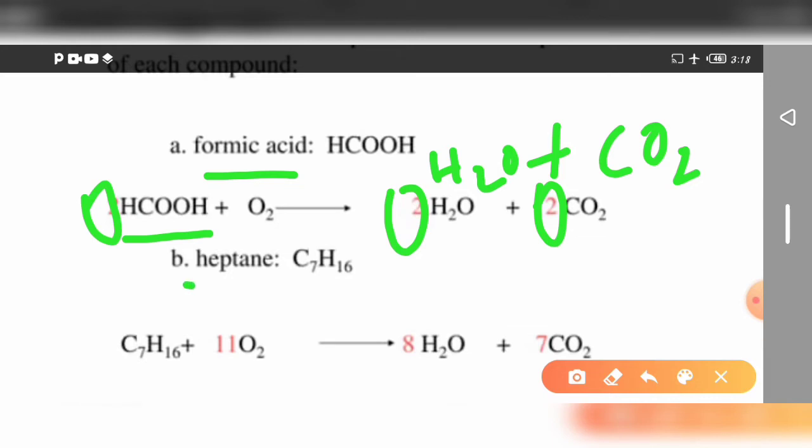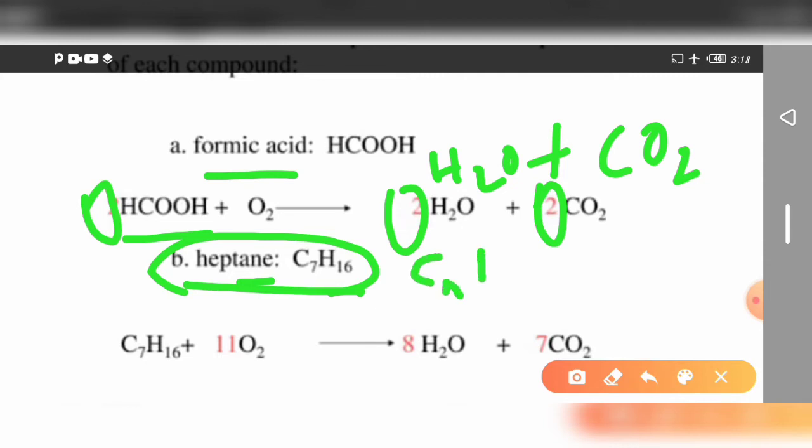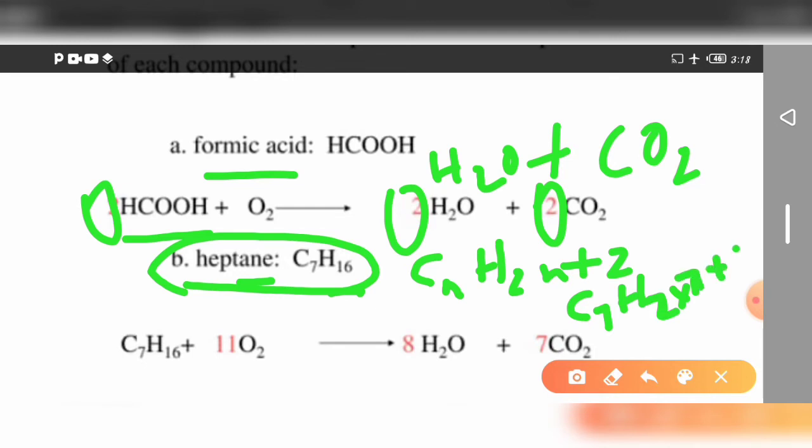Here also, heptane, I give another example. It is an alkane. The carbon number is 7. You know very well heptane ends with ane, so alkane. The alkane general formula is CnH2n+2. Here carbon is equal to 7, so C7, H is 2 into 7 plus 2, that is 14 plus 2, 16. So C7H16.